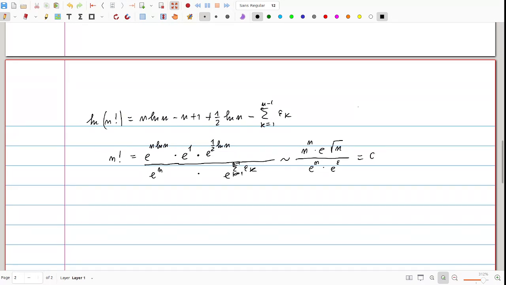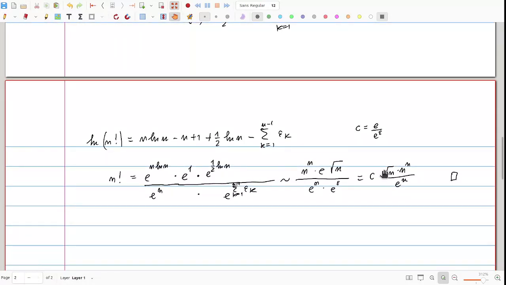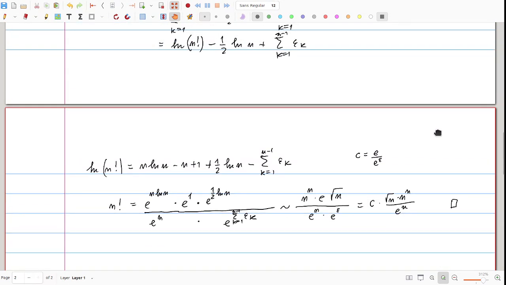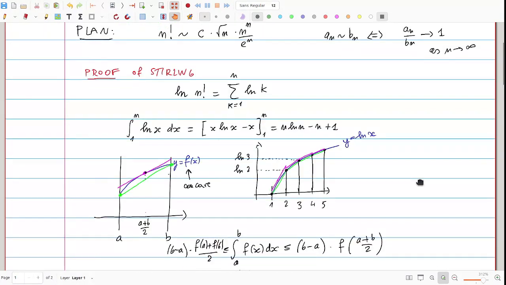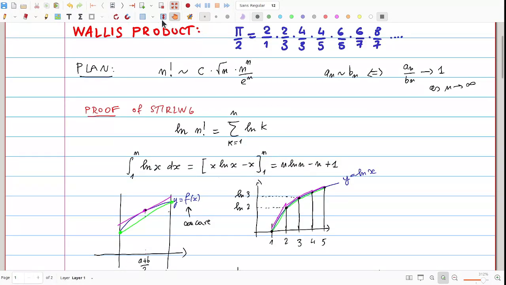There is a constant C, let's say e divided by e to the epsilon, and then we have the square root of n, times n to the power n, over e to the n. This is what we were looking for. So the constant, we don't know what it is, but it is a finite constant, and we have the formula we were looking for, this one.